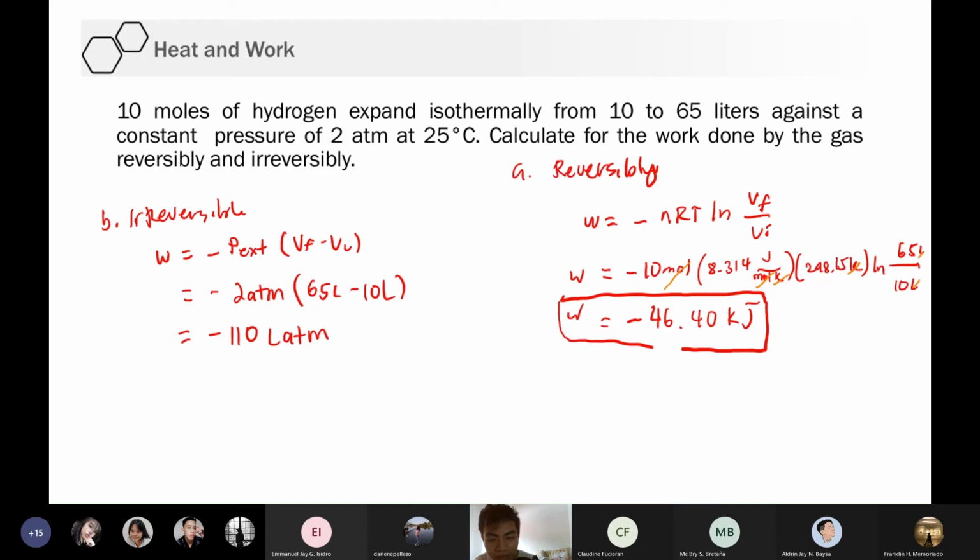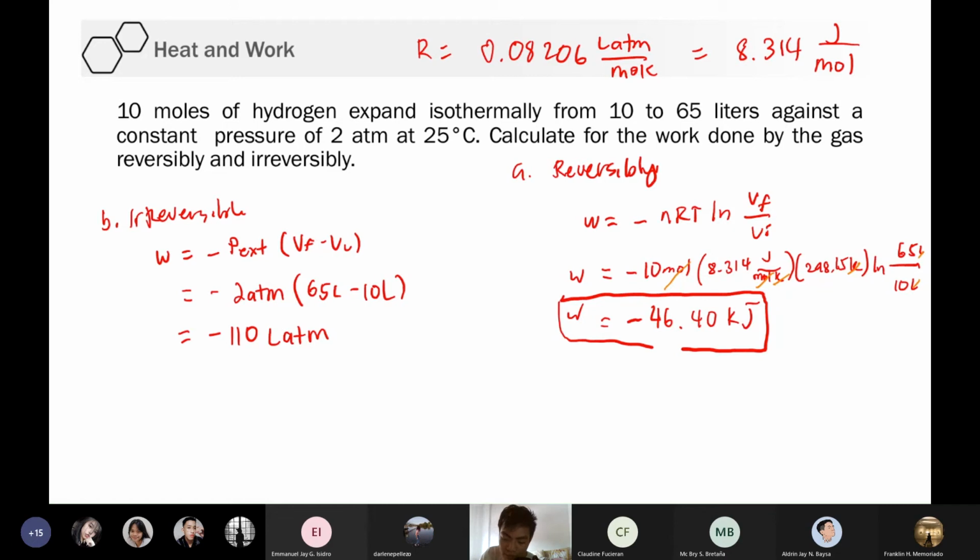Okay. Tanong, yan na ba yun? Hindi. Yung liter atm, this can be converted to joule. Remember, yung gas constant natin ay 0.08206 L atm per mole Kelvin. And also, that is also 8.314 joule per mole Kelvin.